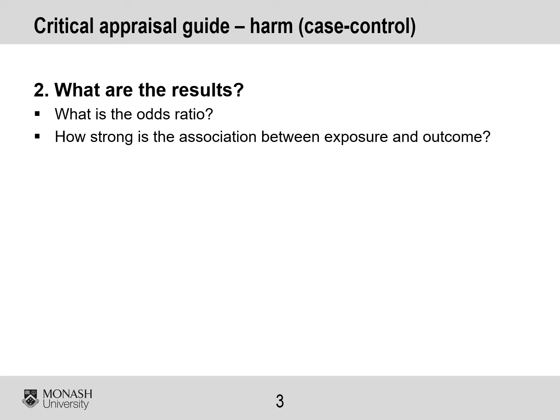So the odds increase by 15% of having outcome XYZ if you're exposed to drug A, for example. How precise is the estimate of the risk? What we want you to do there is discuss the confidence intervals, so how wide or how narrow they are, what they can tell you about the sample size, and what they can potentially also tell you about the statistical significance, whether or not it's present.